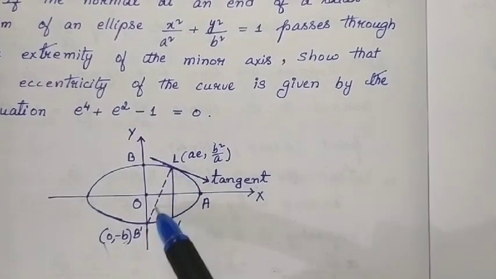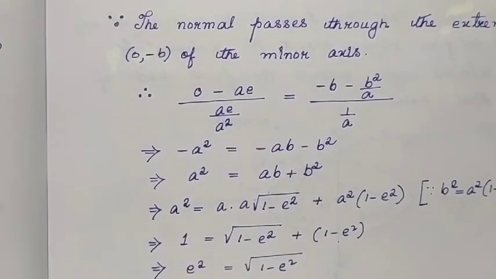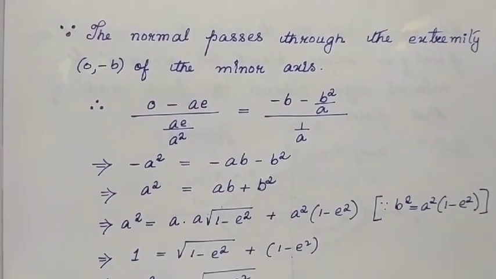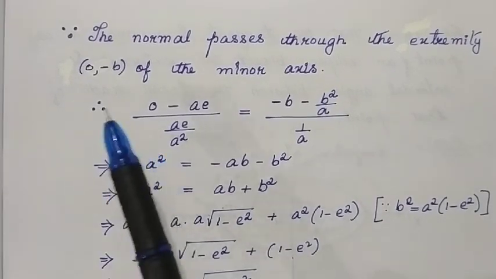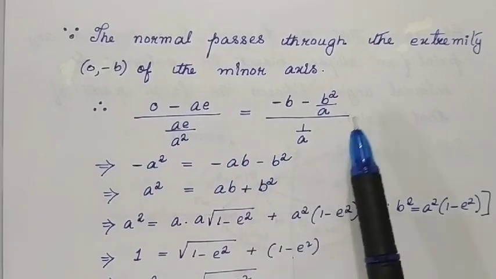Now this normal is passing through (0, minus b). That means the equation of the normal will satisfy this point (0, minus b). That means we will put 0 in place of x and minus b in place of y. So putting 0 and minus b in place of x and y, you will get this equation.